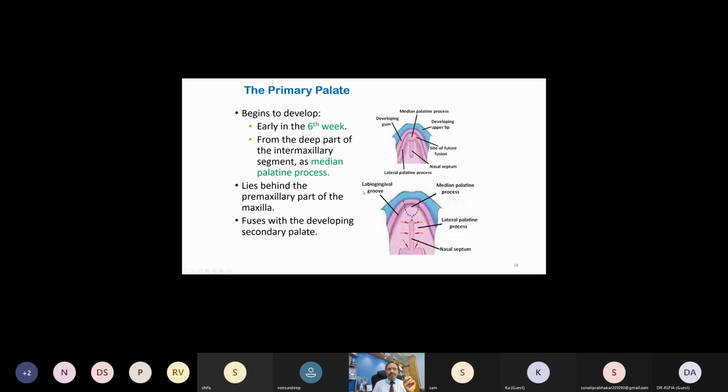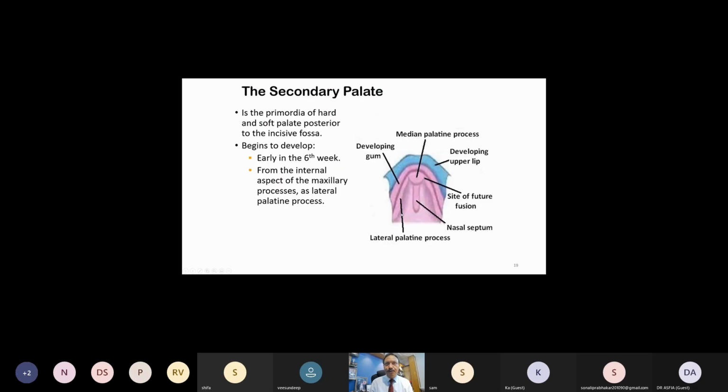And it lies behind the premaxillary part of the maxilla. And then it fuses with the developing secondary palate, which is developing here. The secondary palate is the primordium of the hard and soft palate posterior to the incisive foramen.